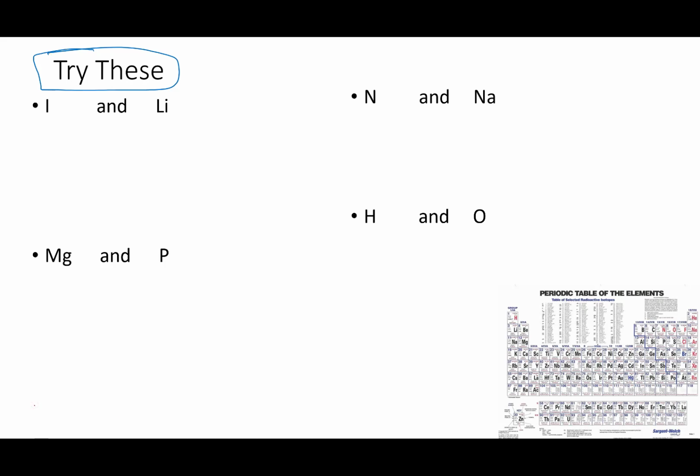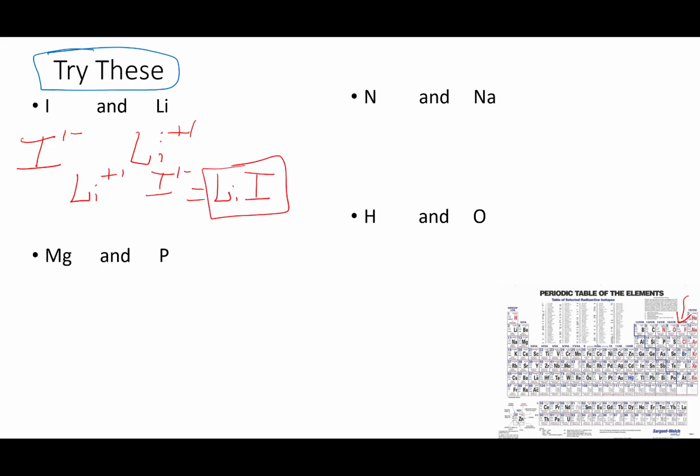All right, here we go. Iodine is a -1. Lithium is a +1. Is the metal first? No, so rewrite it. You have one of each, and the compound is LiI, lithium iodide. Next one, nitrogen is -3.